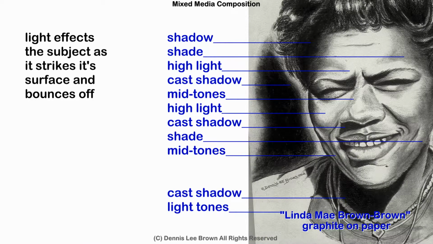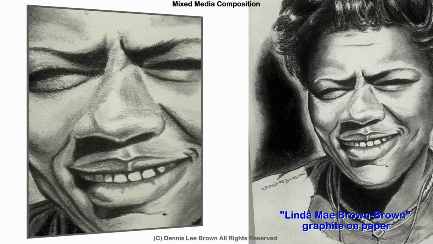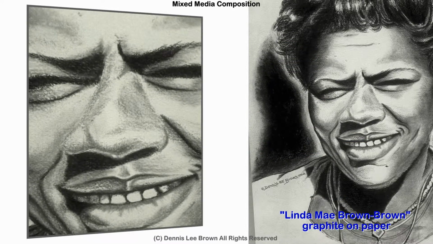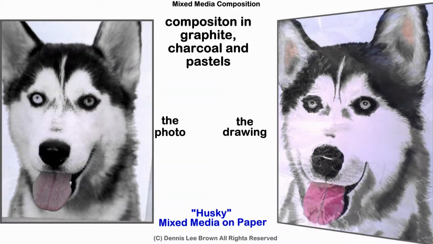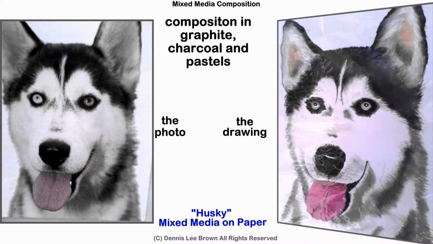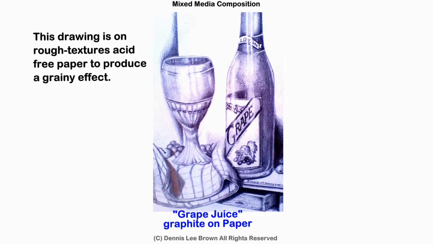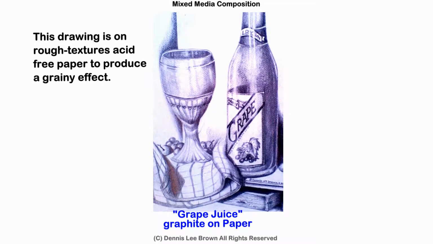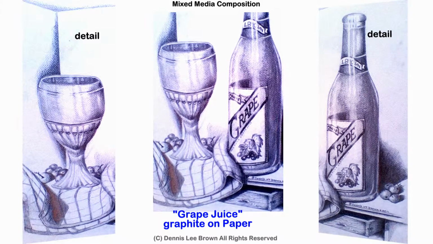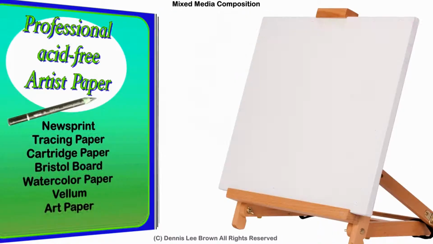The tones, tints, and cast shadows of Linda May Brown's portrait help set the contours of her face. Grape Juice utilizes the full graphite lead scale in order to produce its contrasts.